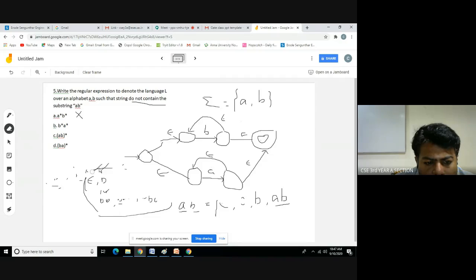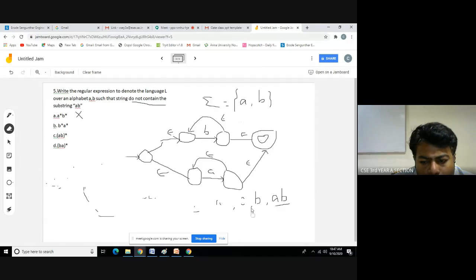So either B or A, right? In this case, you must know how to generate the strings for the given epsilon NFA. So what strings can you generate? Just see over here. This is B star, this is A star.